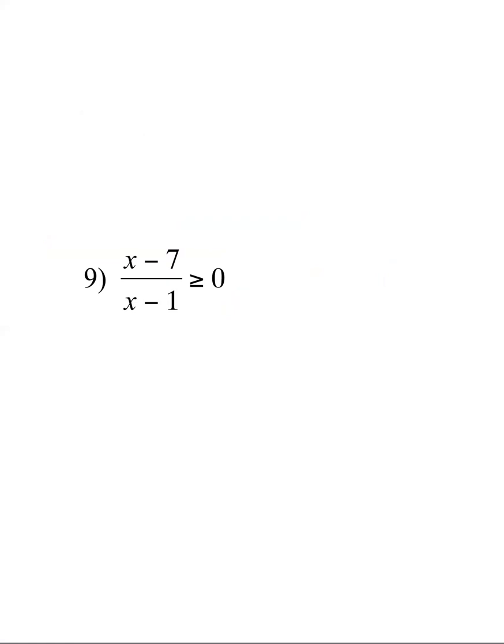Okay, I have one side equal to 0. Great. For my critical points, I get a 7 from the numerator and a 1 from the denominator. Can I have either of these two points themselves? I absolutely cannot have +1 because that would give me a 0 in the denominator, and that breaks everything.